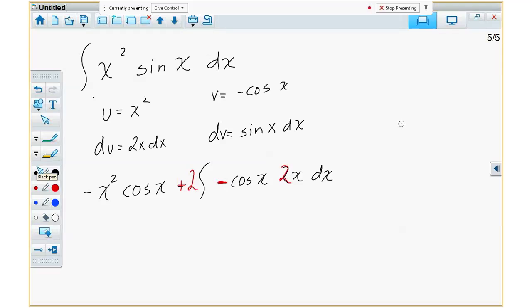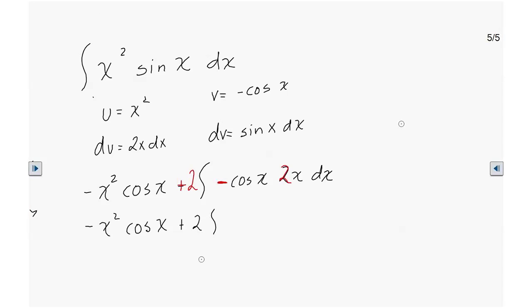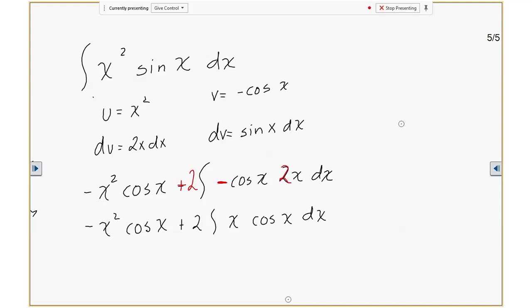So, that would make it negative x squared cosine of x plus 2 times the antiderivative of x cosine of x dx. Oh my goodness, what do we got? That's just what the antiderivative of sine of x is, I thought.